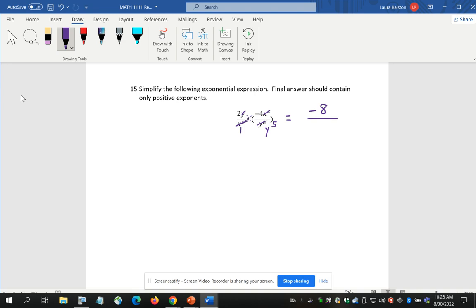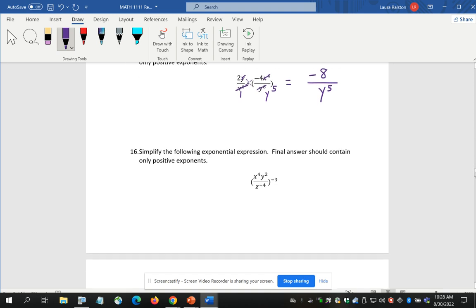And 1, if you will, times y to the fifth gives me y to the fifth. So there's your answer: -8 divided by y to the fifth. And it has positive exponents. I don't have any duplications in the variables, and I don't have anything else that'll simplify.